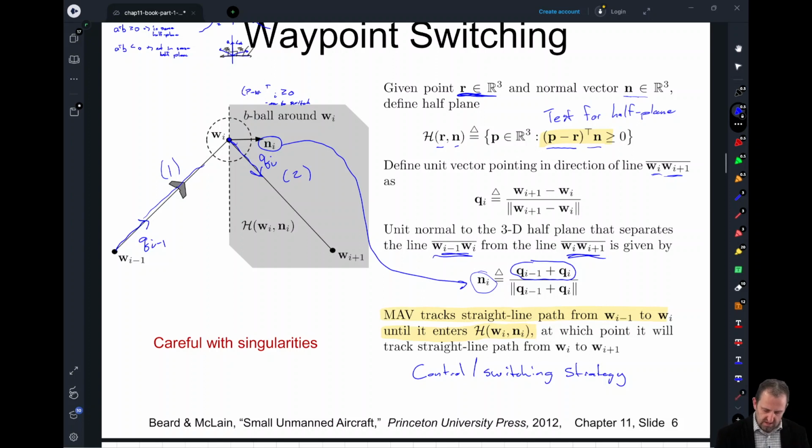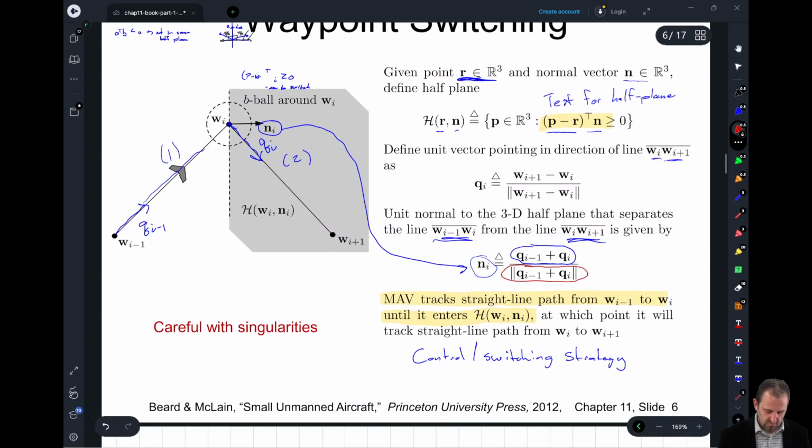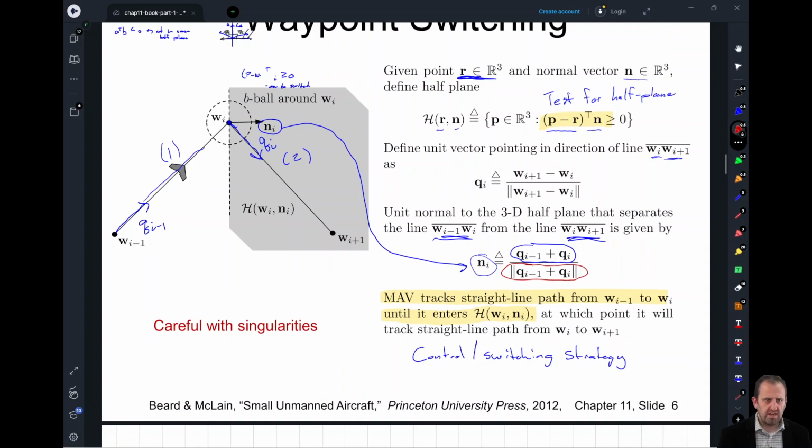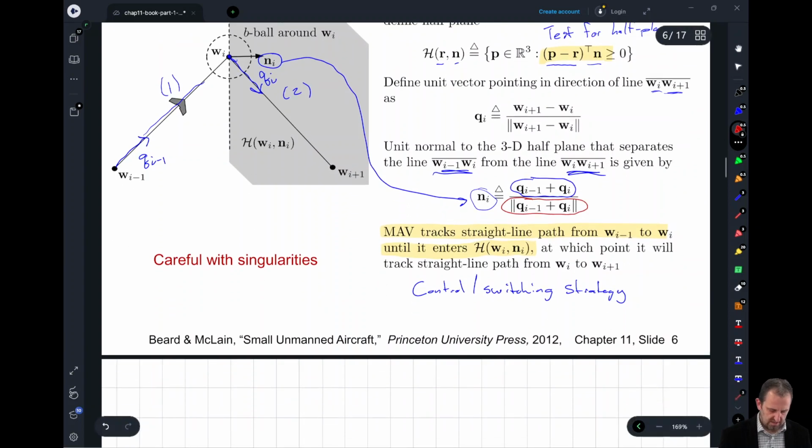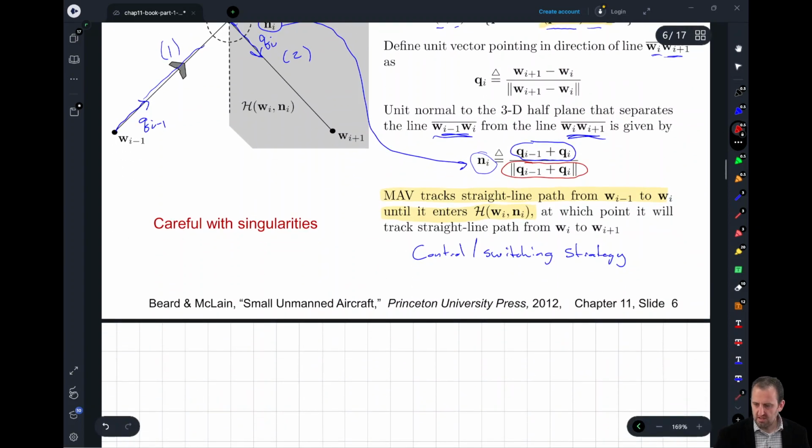Now one thing that you need to be very careful about are singularities. We're dividing by the magnitude of qi minus 1 plus qi so that we can get this unit vector. But we need to be careful and make sure that we're not causing any problems. So let's look at when that is going to be equal to 0.